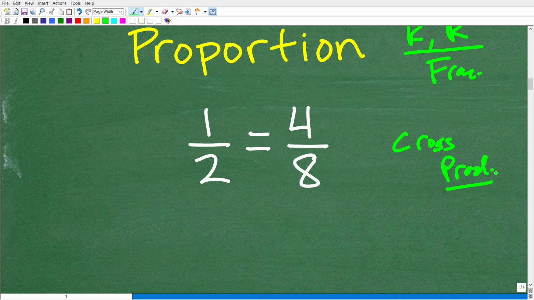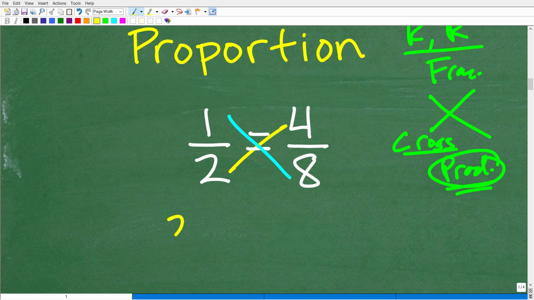So, what does the cross product mean? Well, it's kind of self explanatory. Product means multiplication, and cross means we're going to kind of crisscross in this direction. So, if we multiply across, the cross products are equal. Let's see how this works. 2 times 4 is equal to 1 times 8.